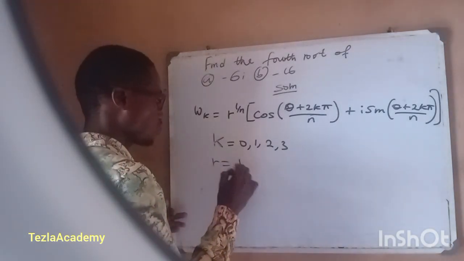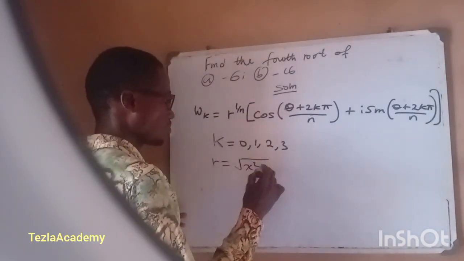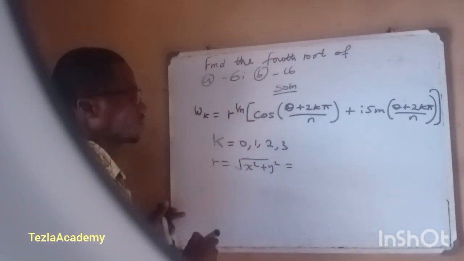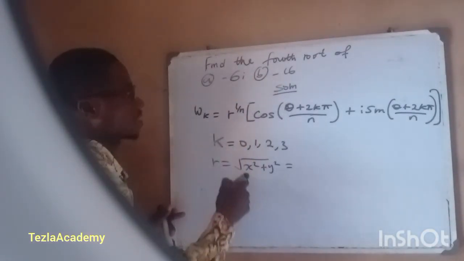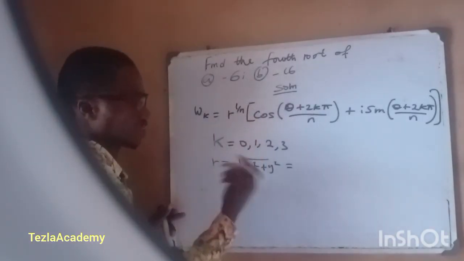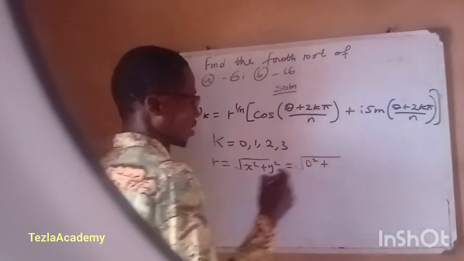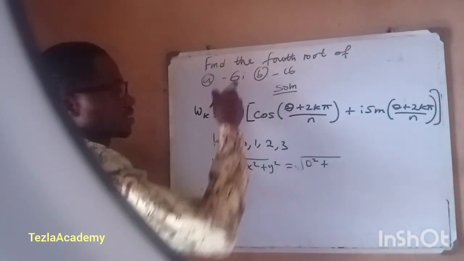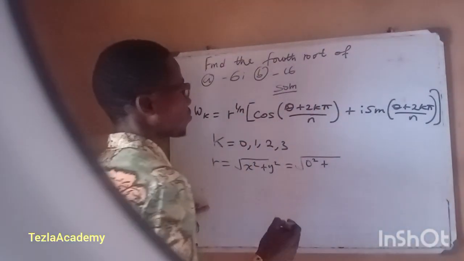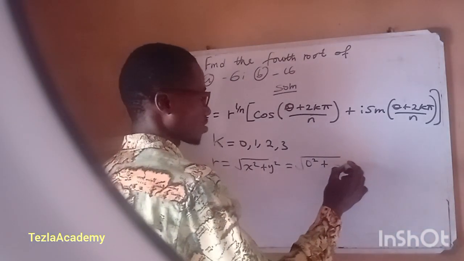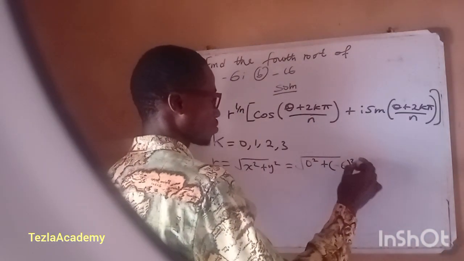r equals the square root of x squared plus y squared, where x is the real part of this equation, minus 6i. And there's no real part there, it's 0. So square root of 0 squared, then y is the imaginary part, that's minus 6, so we have minus 6 all squared.